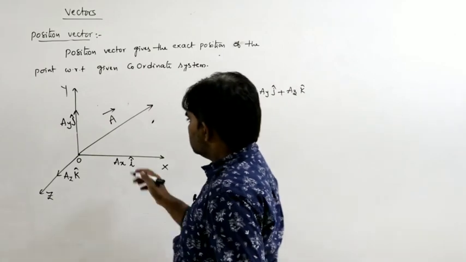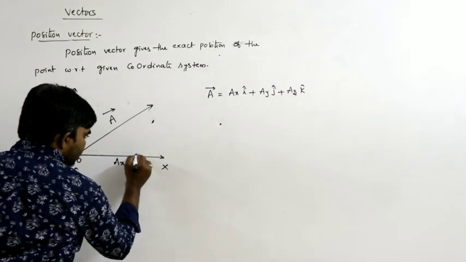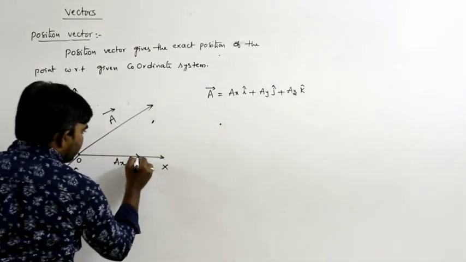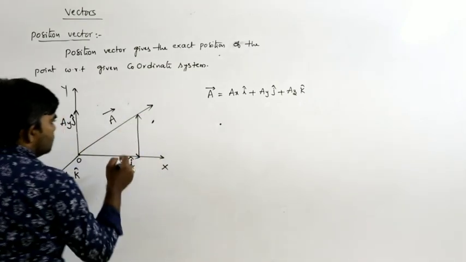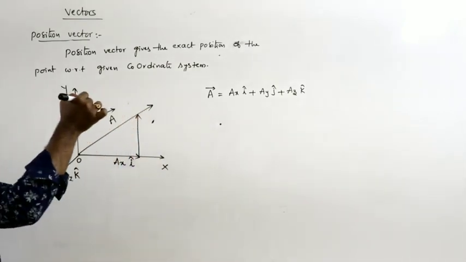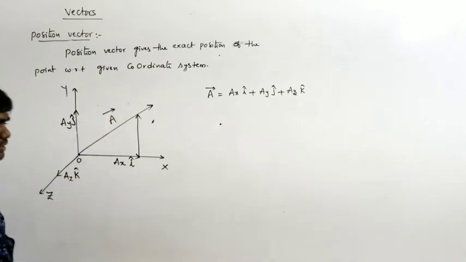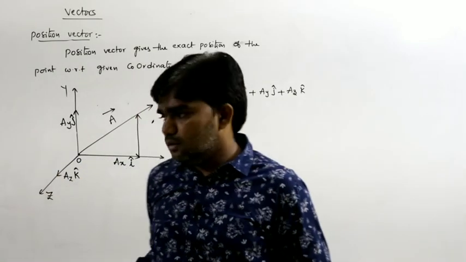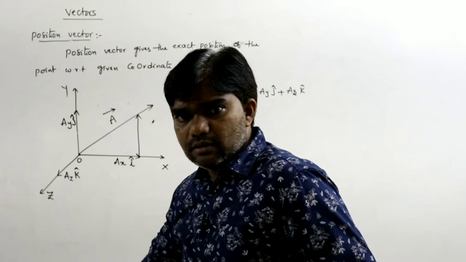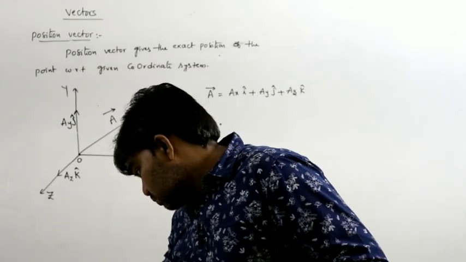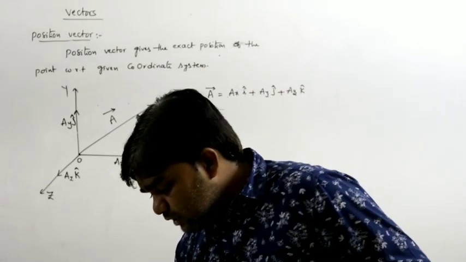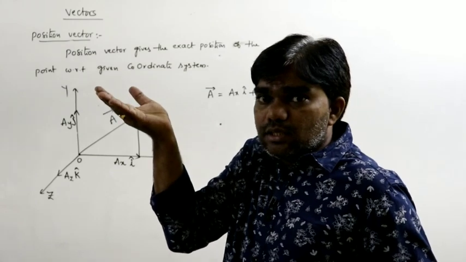So this is the first vector AXi. The second vector AYj can be represented like this. The third vector AZk is represented like this. Addition of these three. See here, this is the x axis. The second vector starts from the x point, along the y axis. The third vector starts from the z axis.